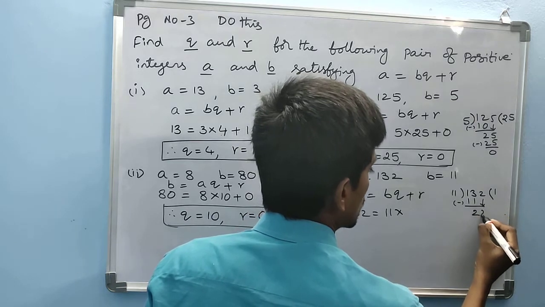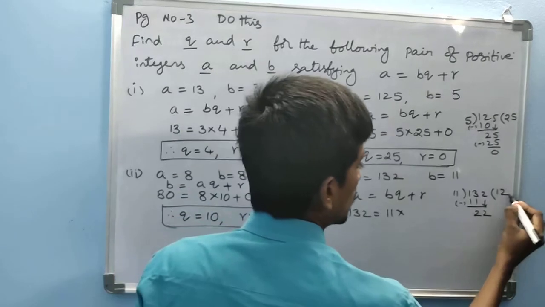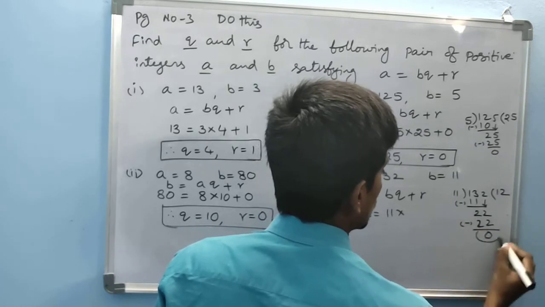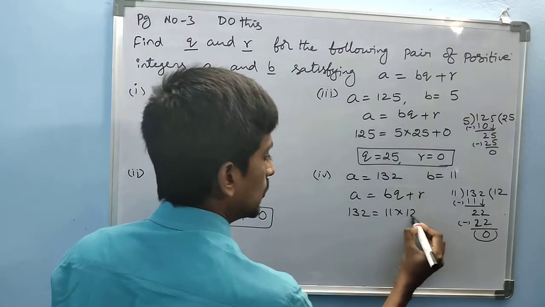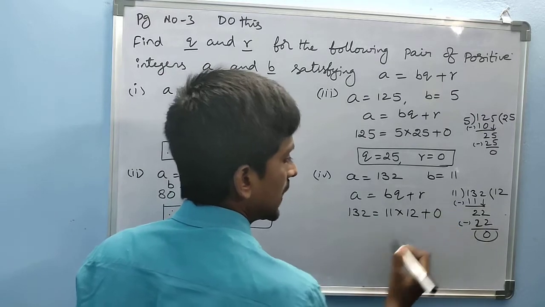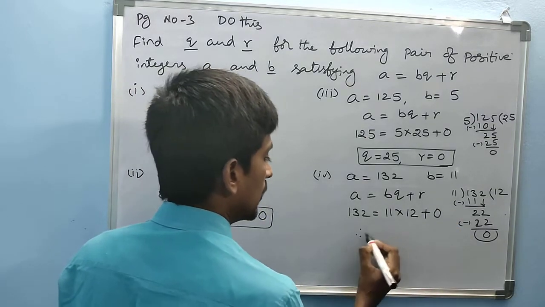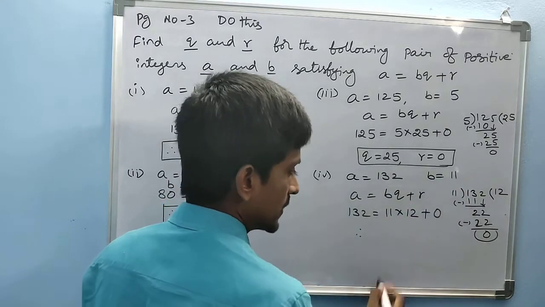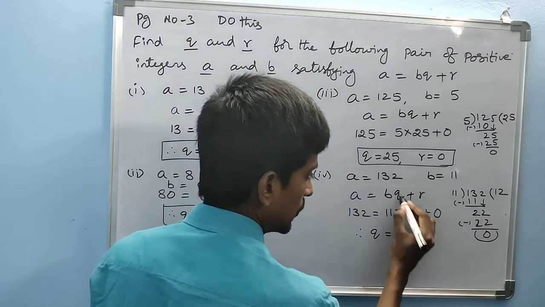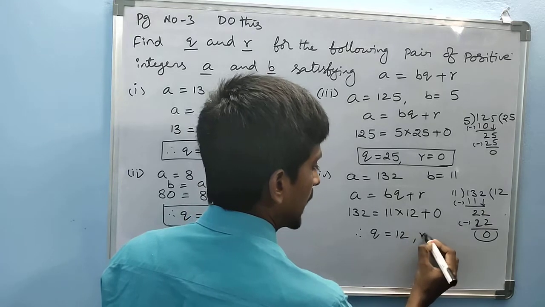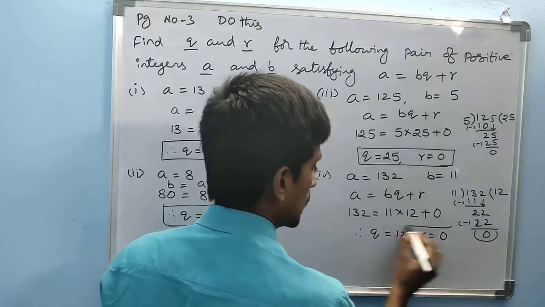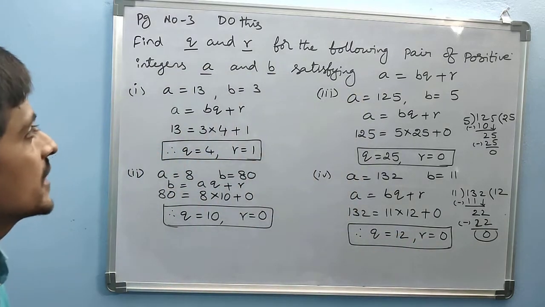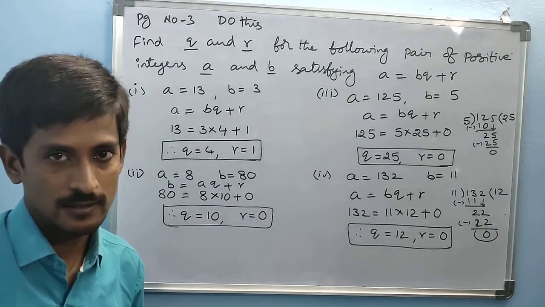Next number is 2, 22, 11 twos are 22, 22 minus 22 is 0. So 132 equals 11 into 12 plus remainder 0. Therefore A equals 132 already given, B equals 11 already given, Q equals 12, R equals 0. This is page number 3. Do these sums. Okay.